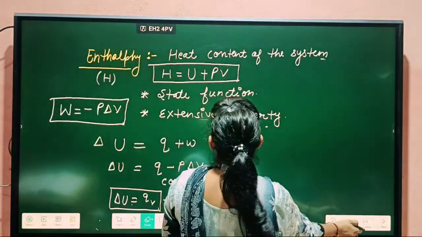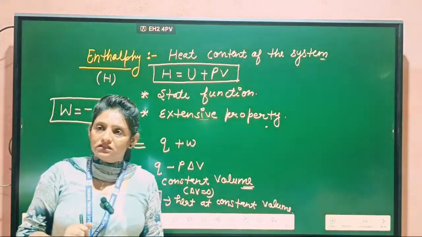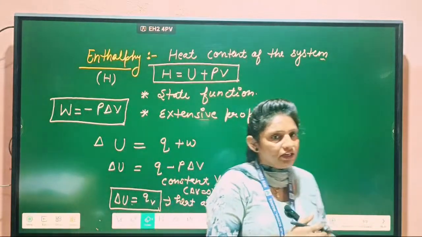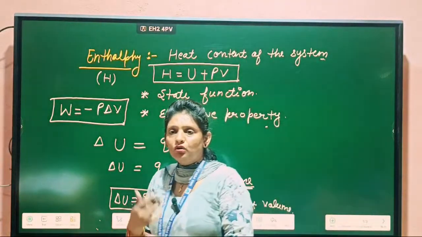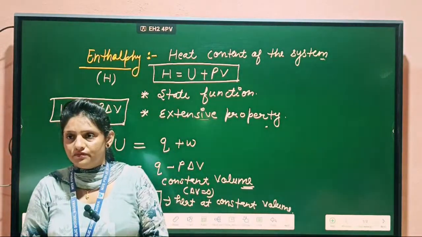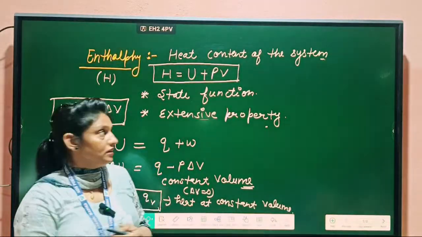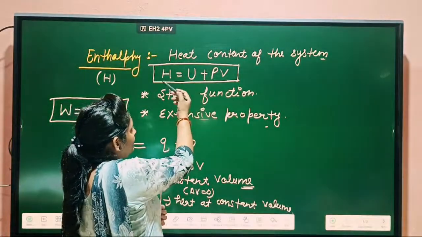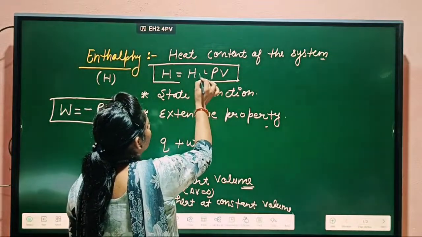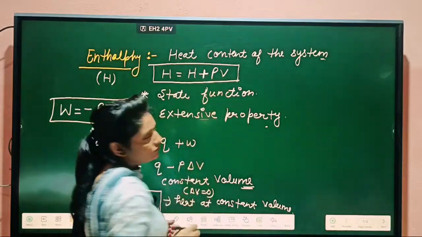First of all, you should know what enthalpy is. Enthalpy is the heat content of the system. Whatever energy is already present in the system, plus the amount of energy absorbed or released by the system, means it is the total heat content of the system. Here it is internal energy plus the product of pressure and volume. This is the mathematical expression for this one.